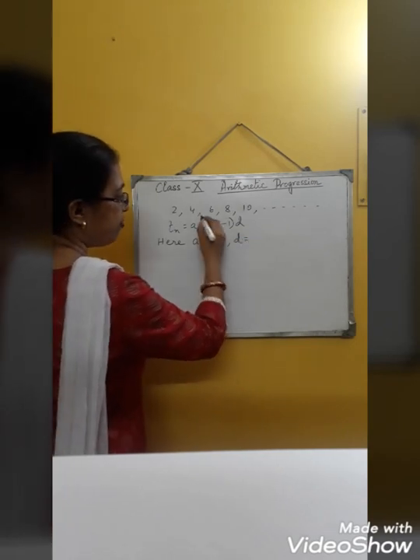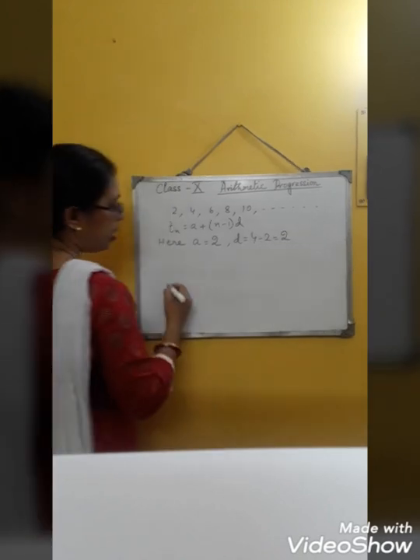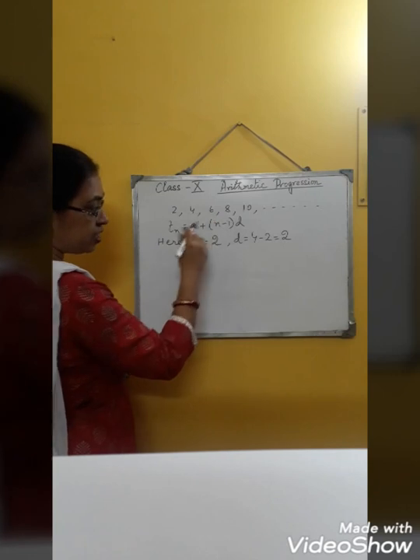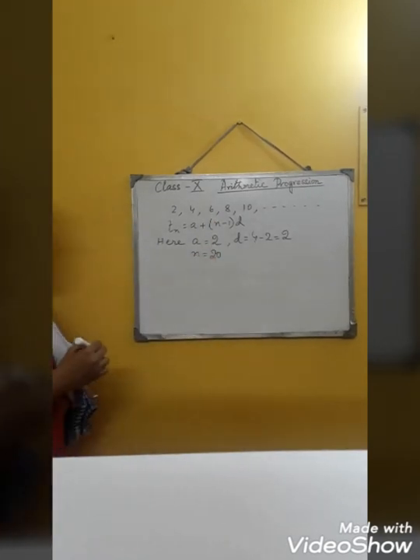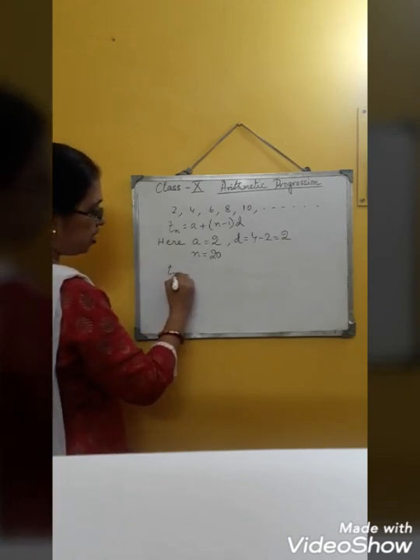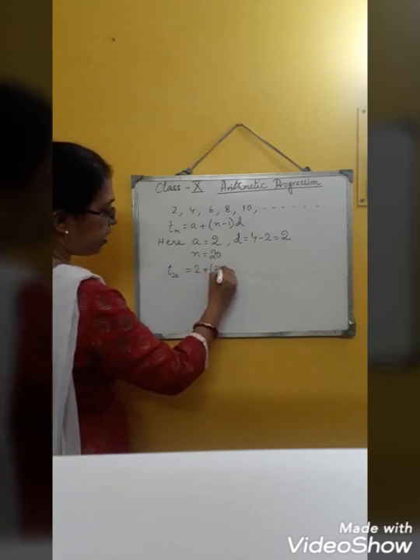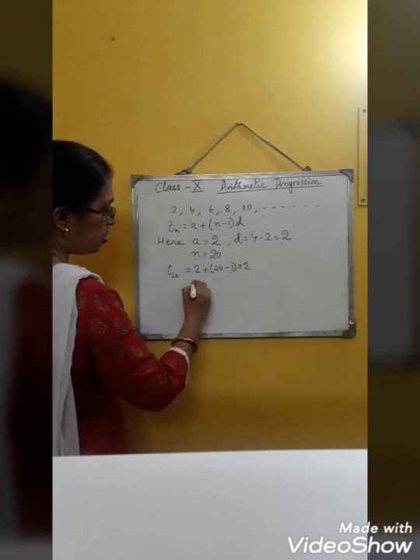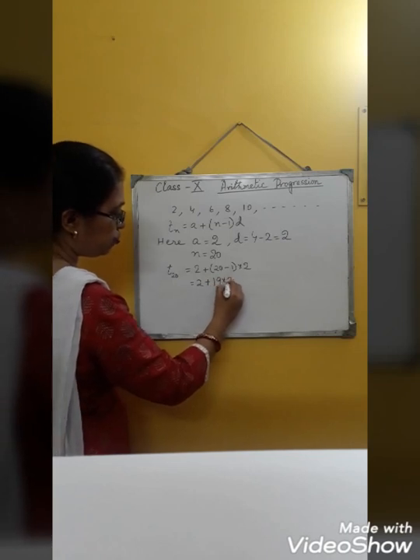D, common difference, second term minus first term, that is 2. And n is the term that is wanted, that is 20. So if I tell you find the 20th term, yes, you can do it. That is T20, 2 plus 20 minus 1 into 2. That is 2 plus 19 into 2.